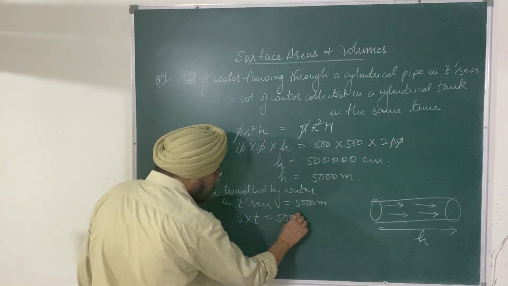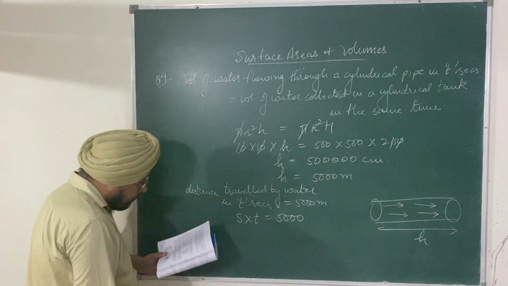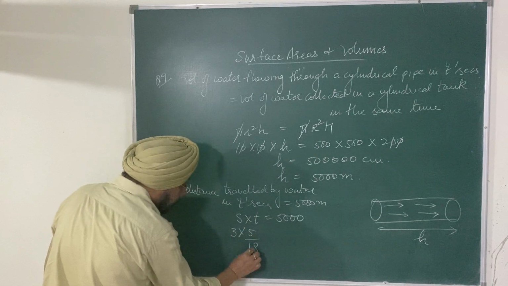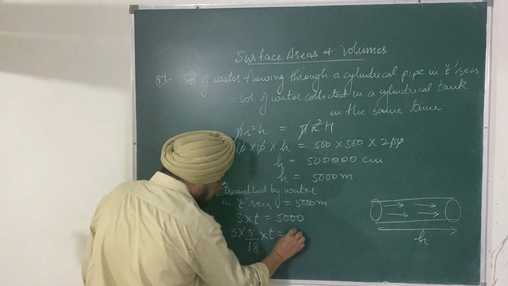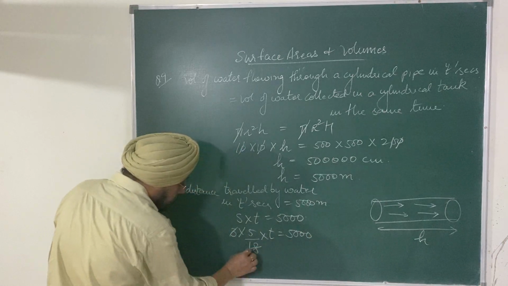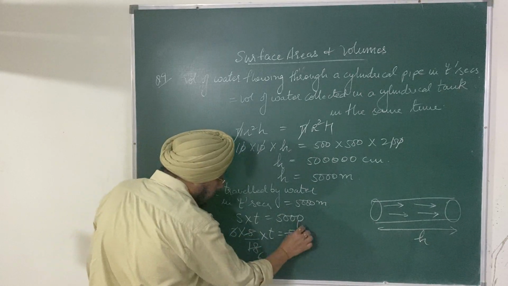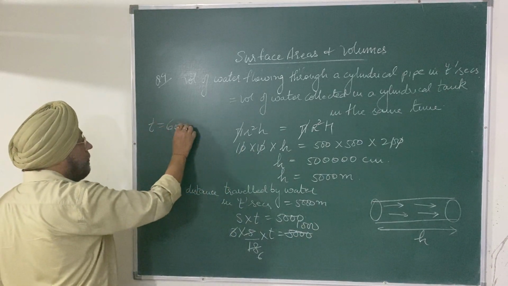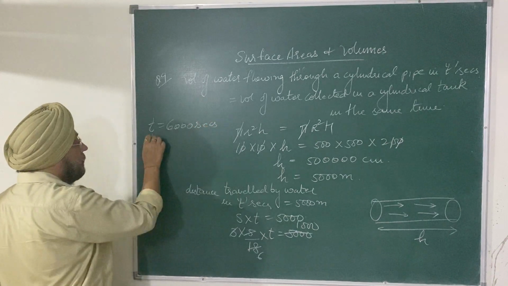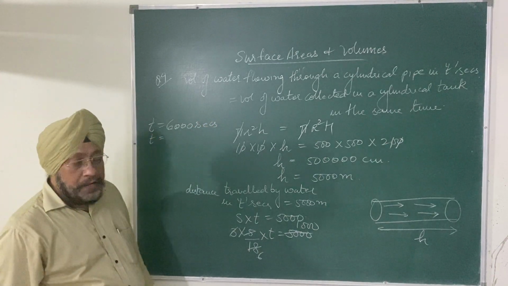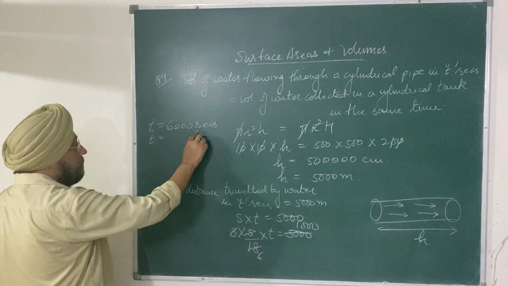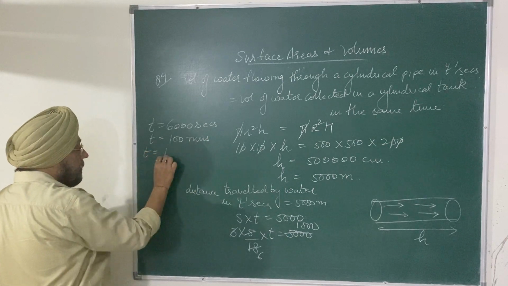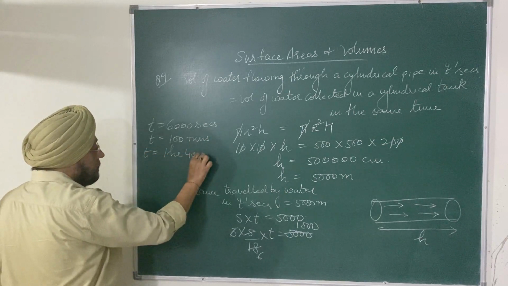Speed is given as 3 km per hour, so just convert it into meter per second. So cancel this with 6, 5 is cancelled with 1000, and we get time equal to 6000 seconds. Since there are 60 seconds in 1 minute, if I divide this 6000 by 60, we get 100 minutes as the answer, or you can say that is equal to 1 hour 40 minutes.